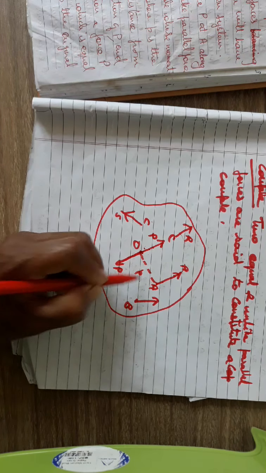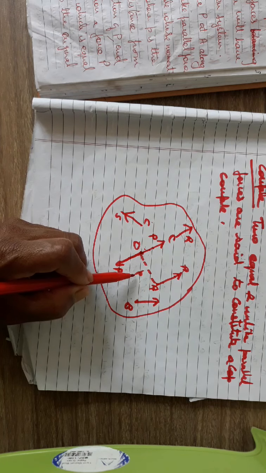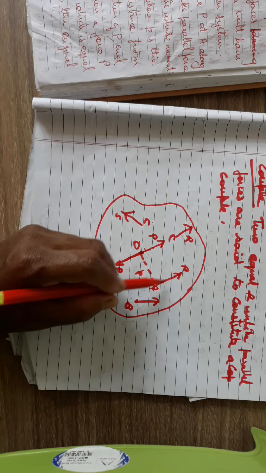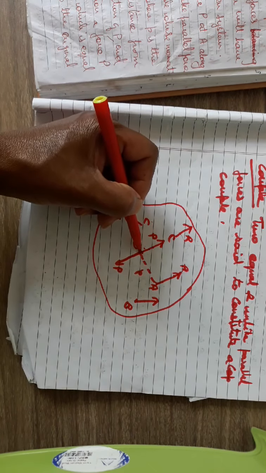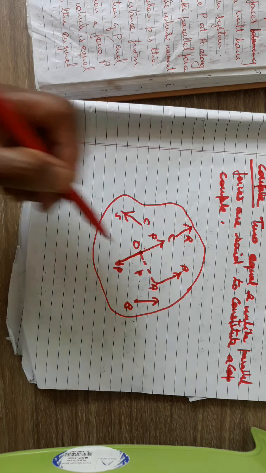Let small p be the perpendicular distance of this force from the line of action through the point O.